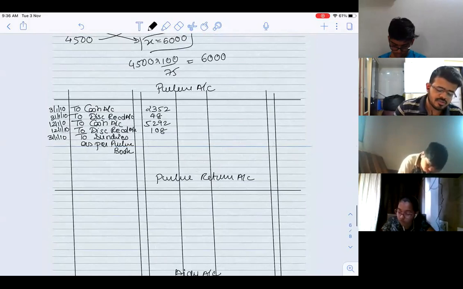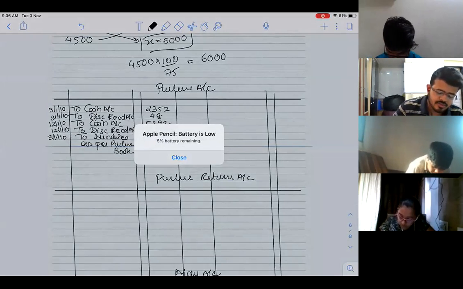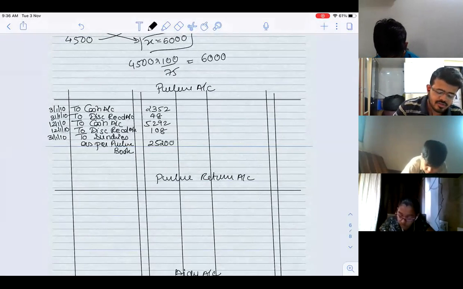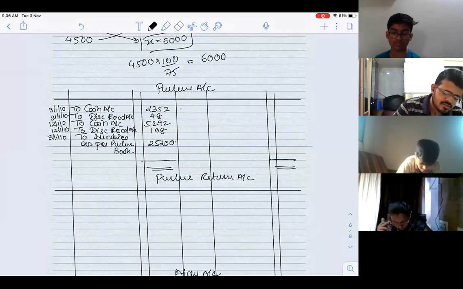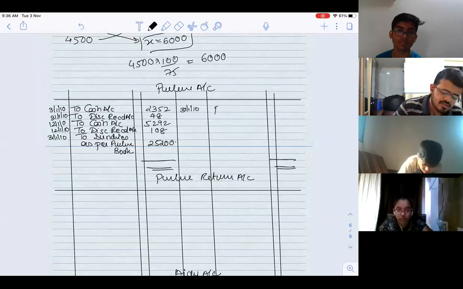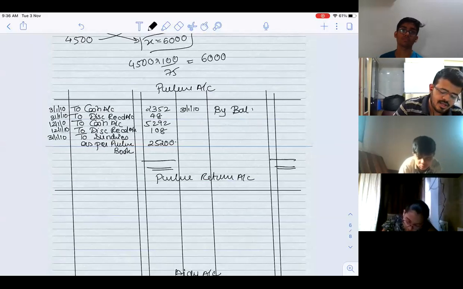Purchase book का total is 25,200. And khatam to the balance, 31,110 by balance sheet.